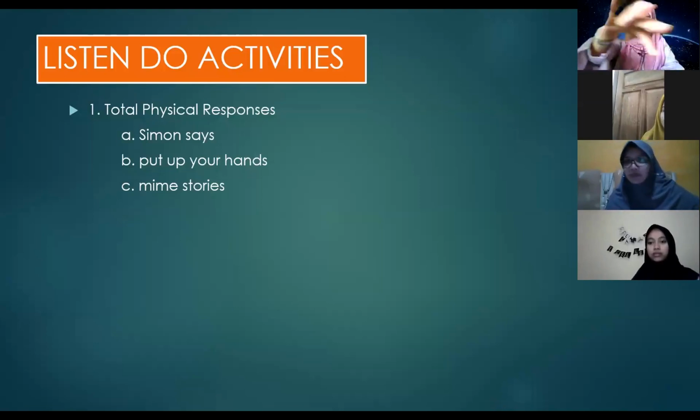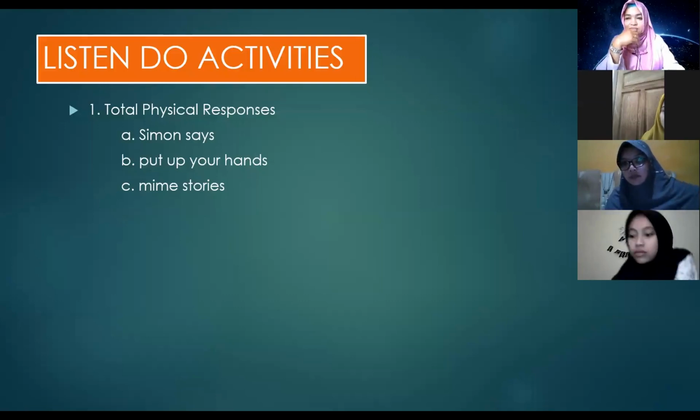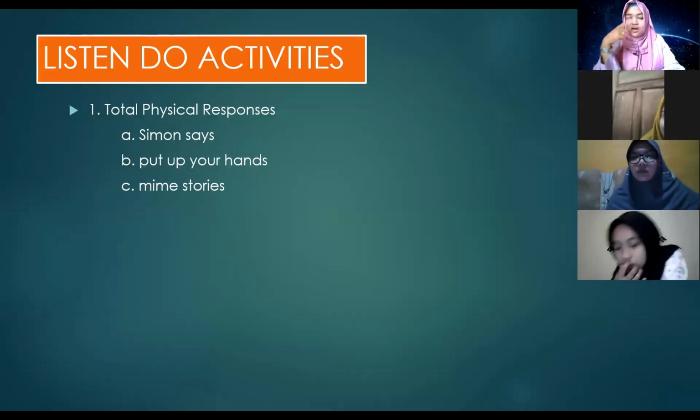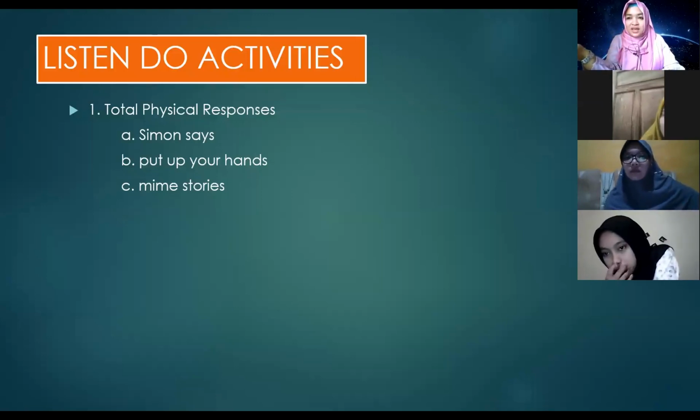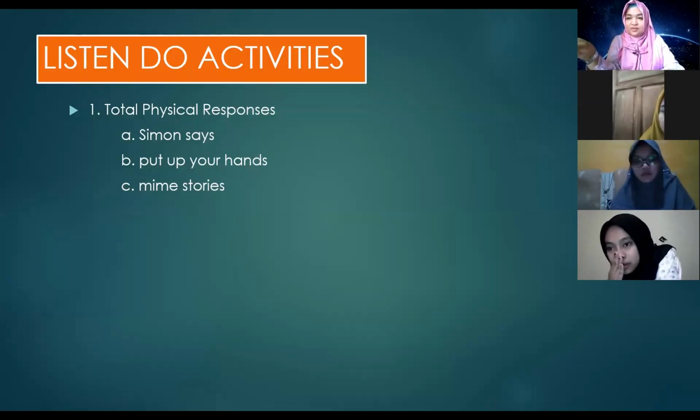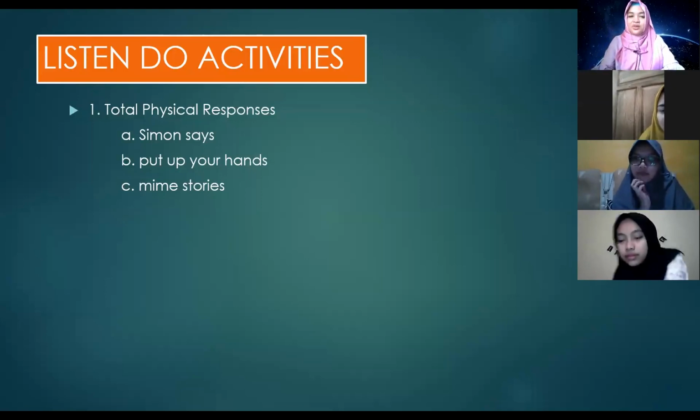Put the students in a circle and then ask them to do what you said. For example, Uswatun said, touch your nose. So they have to touch their nose. You yourself can give them an example: Uswatun said, touch your nose, and you touch your nose.